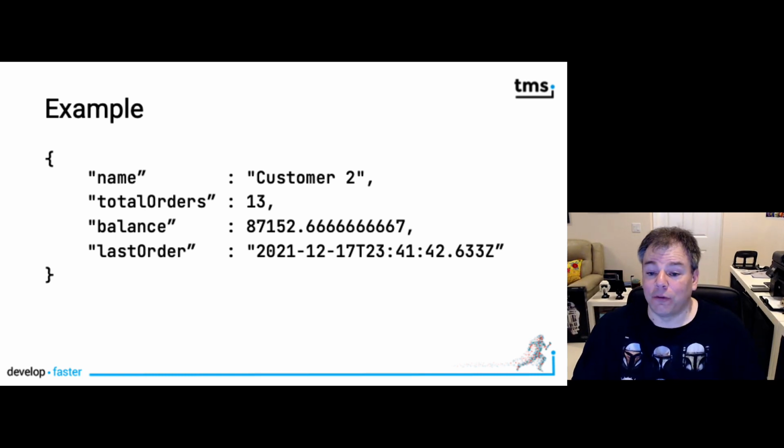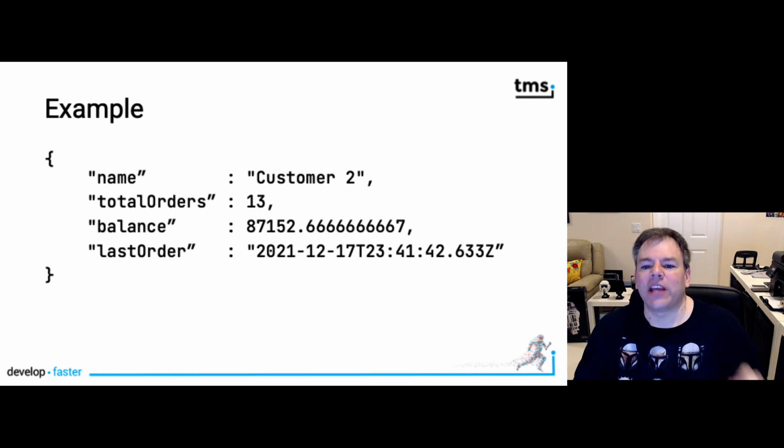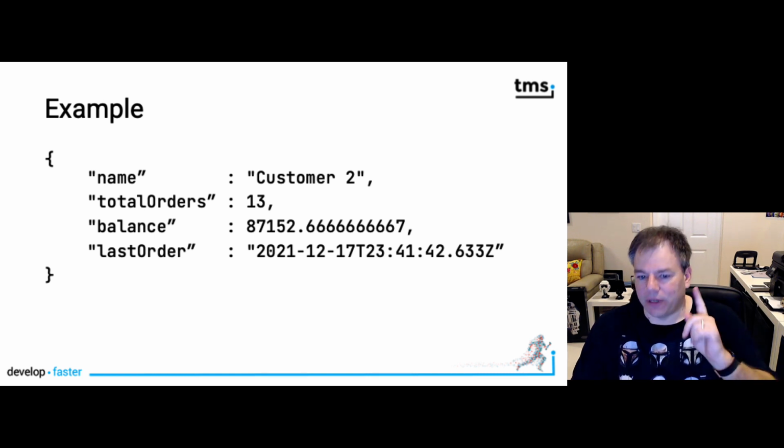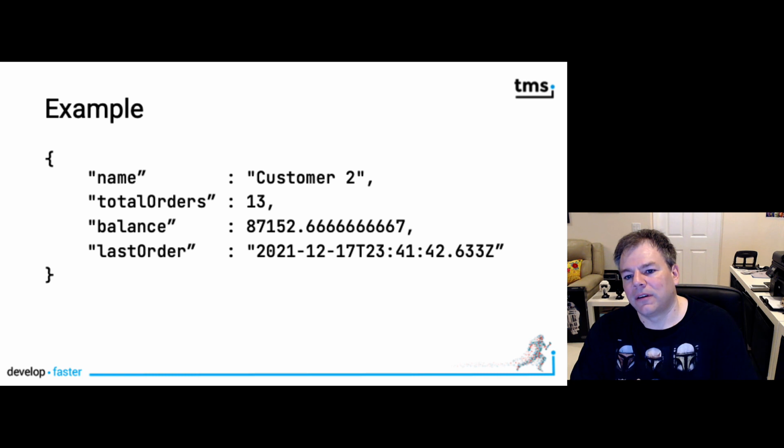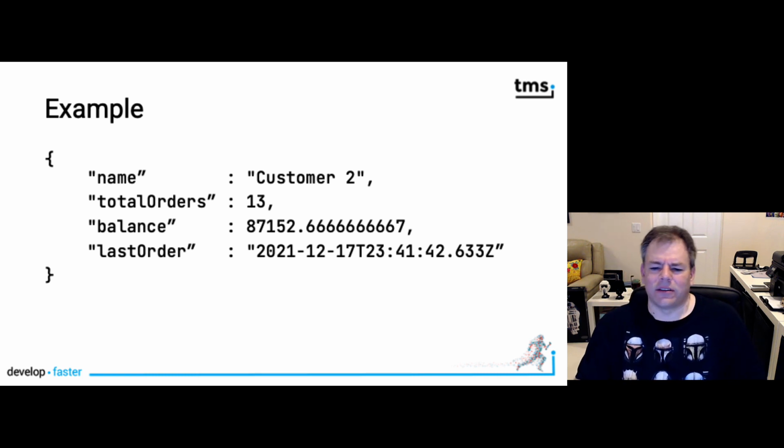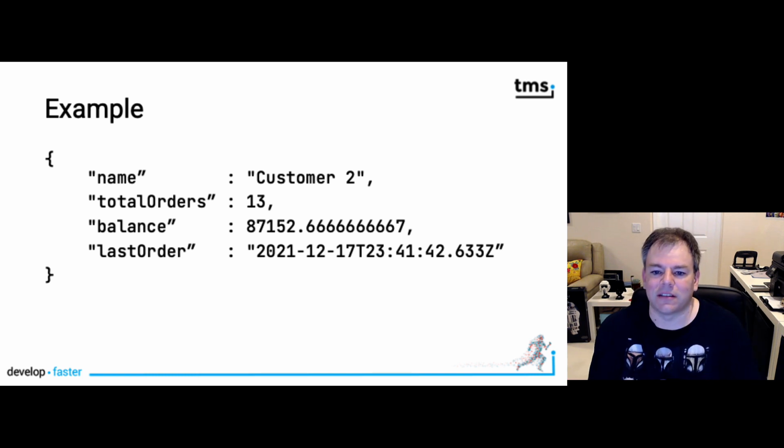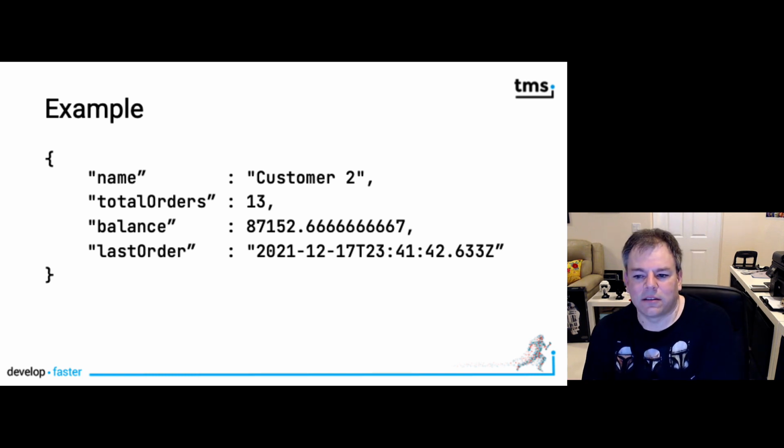Balance is a floating point number, and last order is a date. And this is where it gets tricky. JSON does not distinguish between anything else but text and number. And you might think, well, there's a date and there's a floating point. Well, it doesn't matter to JSON. It's a number or it's a text.